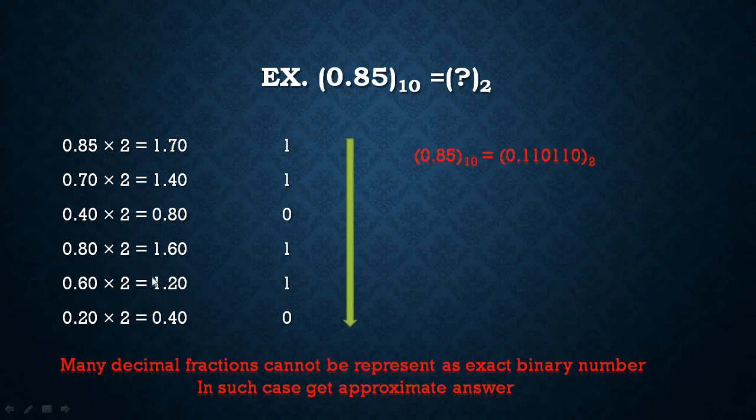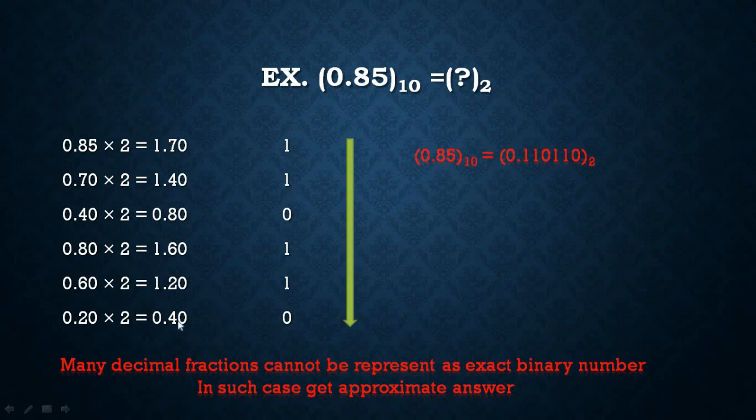Again this 1 is picked up for the result, and 0.20 is put here. So we get the new line 0.20 into 2 is equal to 0.40. Again the 0 is picked up here, and 0.40 is repeated.